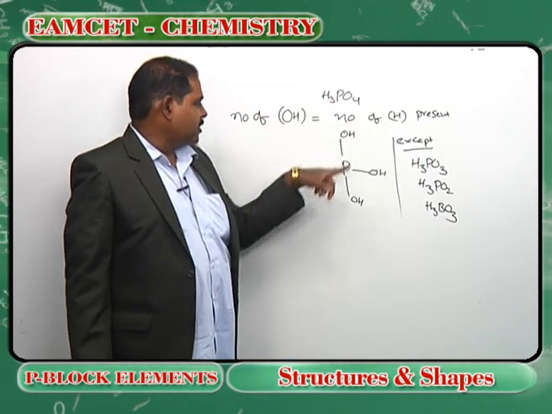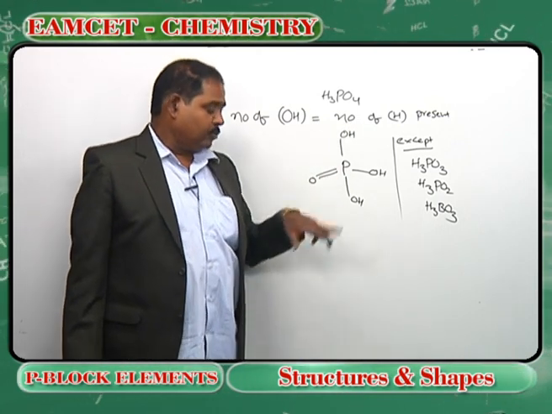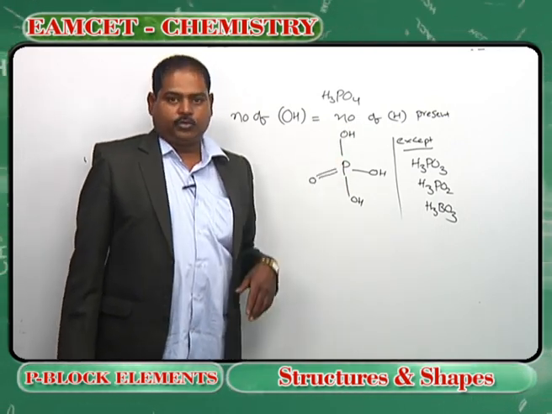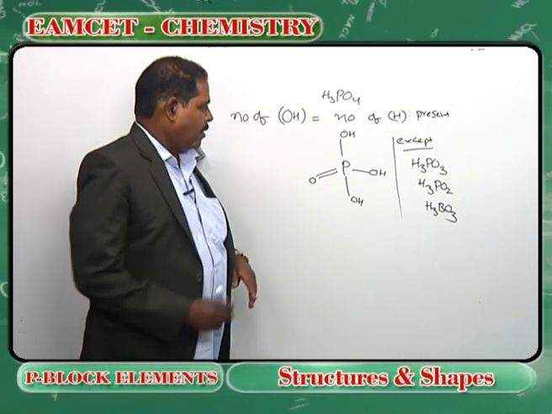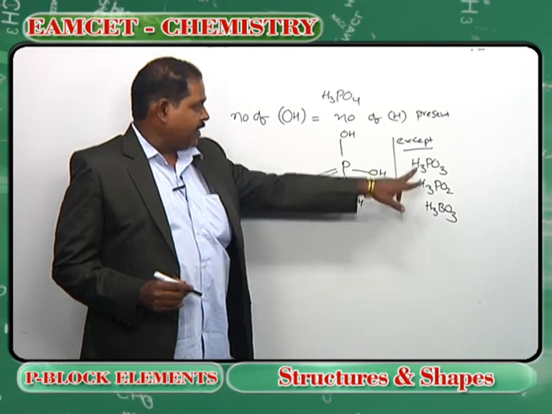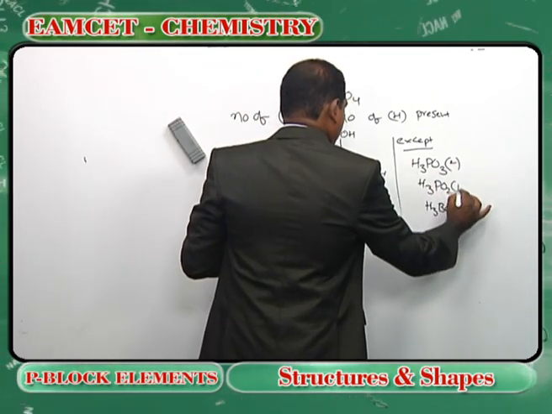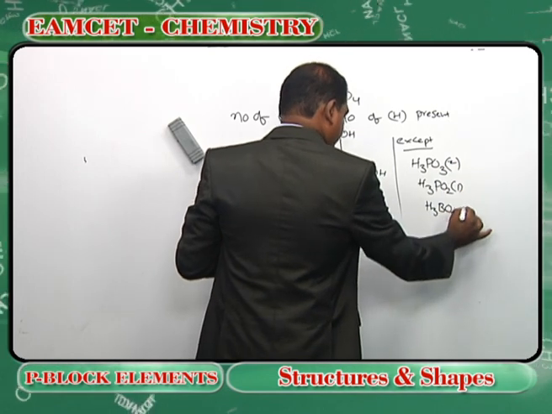Since you have 3 hydrogens, you take 3 OH and 1 oxygen is remaining, and you know oxygen forms two bonds, double bond. So, what about these 3? They can be discussed later. This has only 2 OH groups, this one has only 1 OH group. Of course, this has 3 OH groups.